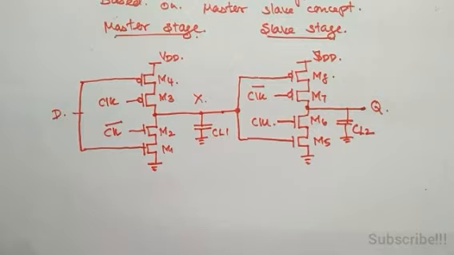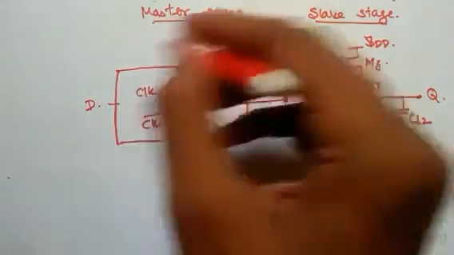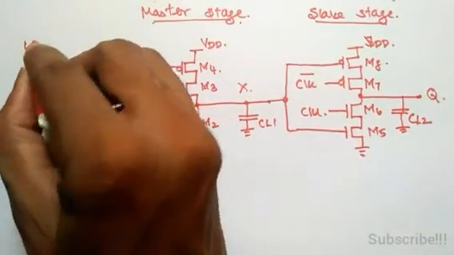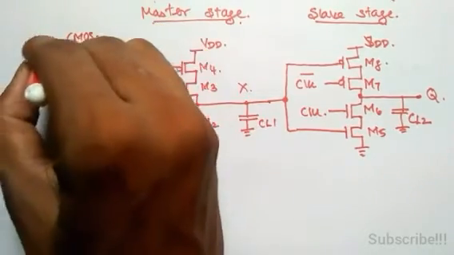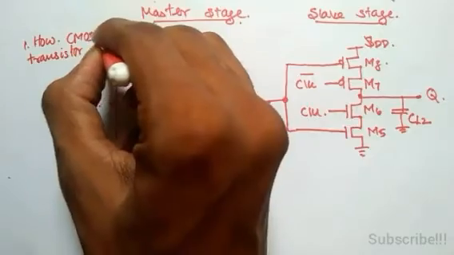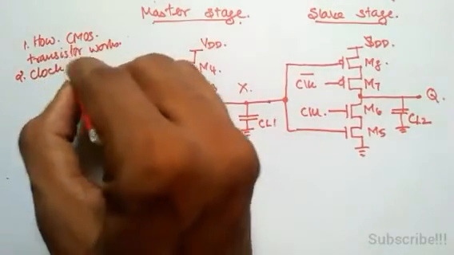Let's move on to the operation of the C-square MOS. Basically we need to know two concepts. The one is how CMOS transistor works, and the second concept is clock overlap.